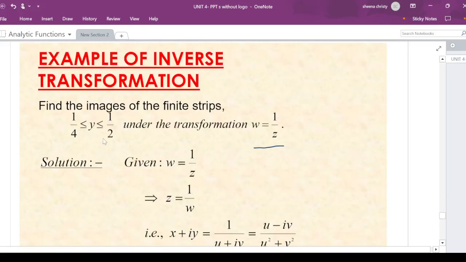So here we just have the straight line, but that gets transformed into a circle. Therefore, under inversion, you have a change in the shape, change in the size, and change in the orientation also.